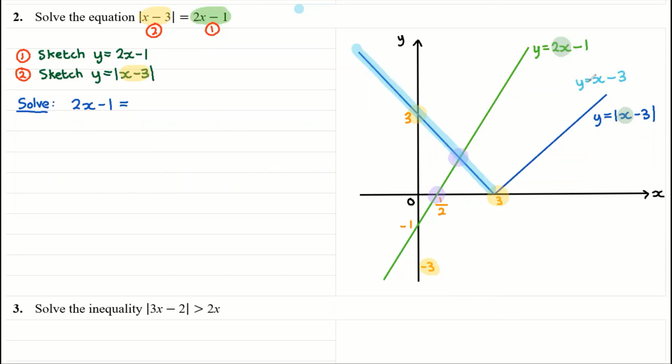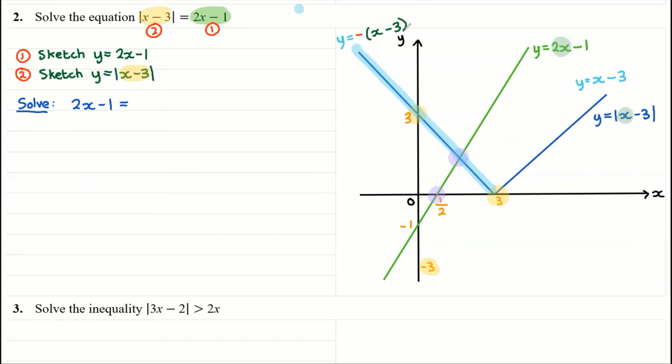And this equation here is the negation of that. So it's y is equal to minus x subtract 3, like that. Okay, it's the negation of the function.